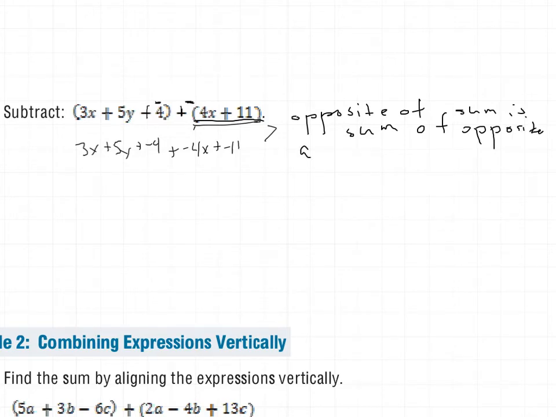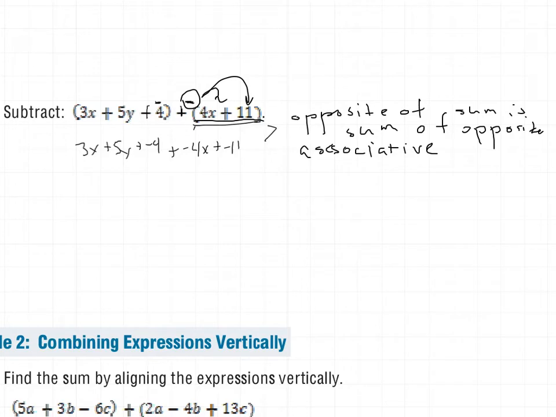So we use the associative property. So one thing that, again, we're going to be talking about over and over again is being able to justify our work. So we change this to add the opposite, which told us that we needed the opposite of this sum, which is the sum of its opposites. Because we took out all the grouping symbols, we can go ahead and kind of regroup them.